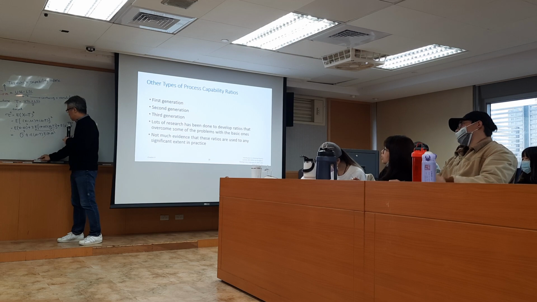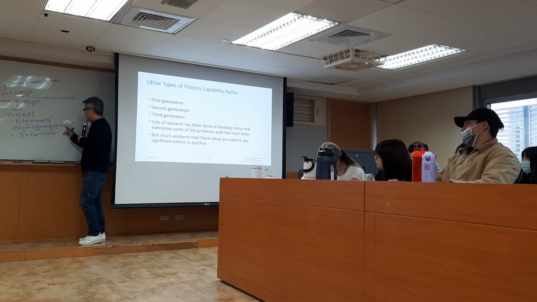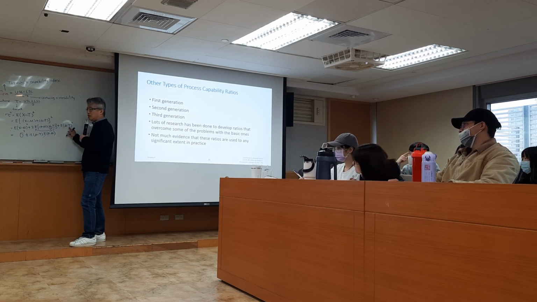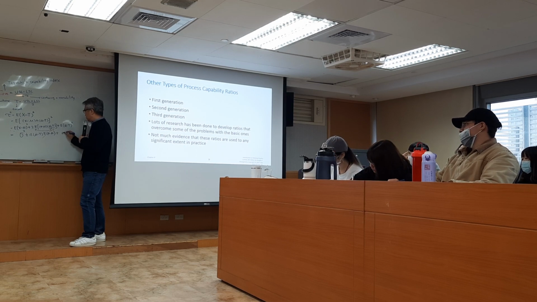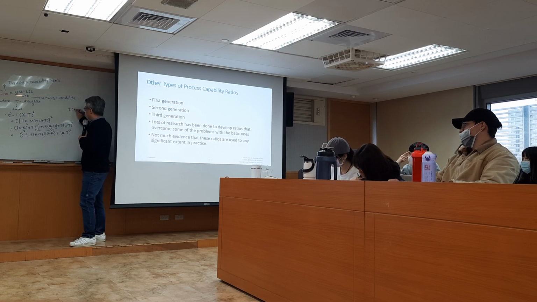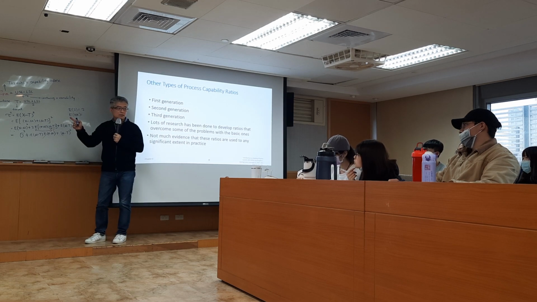Then the last one: mu minus T is a constant, so taking the expectation is still mu minus T squared. The expected value of a constant equals the constant.